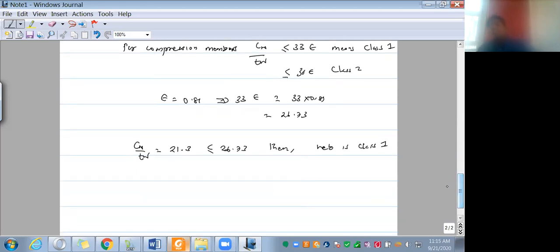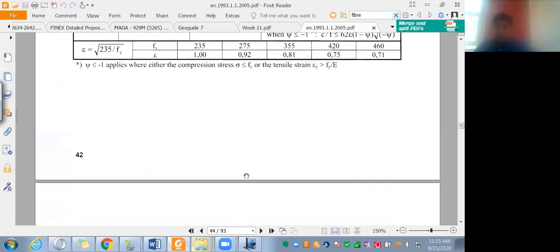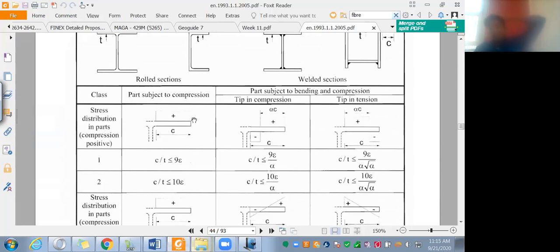Then we have to look at the flange. So in the table again, this is for the flange, part subject to compression, part subject to bending and compression. So in this case, the entire part of the flange is subject to compression. So the part subject to compression should be 9 epsilon for class 1.